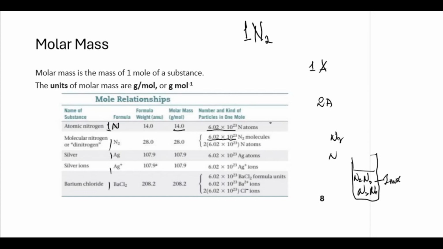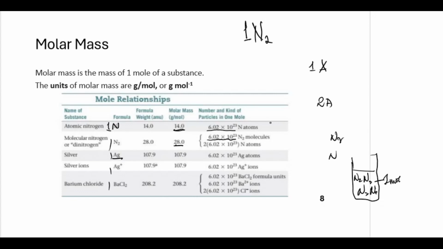But if you weigh all this N2, it will be 28 grams. Of course, because this is double the nitrogen atom. So if nitrogen atom weighs 14 grams, N2, which is nitrogen molecule, will weigh 28 grams. But the number of particles in each one of them is going to be the same inside 1 mole.